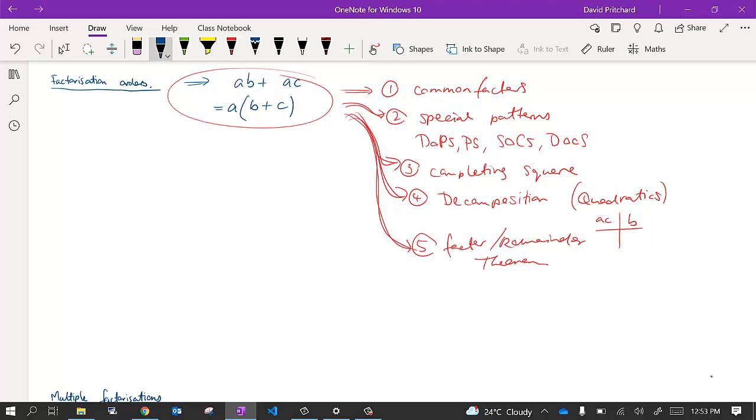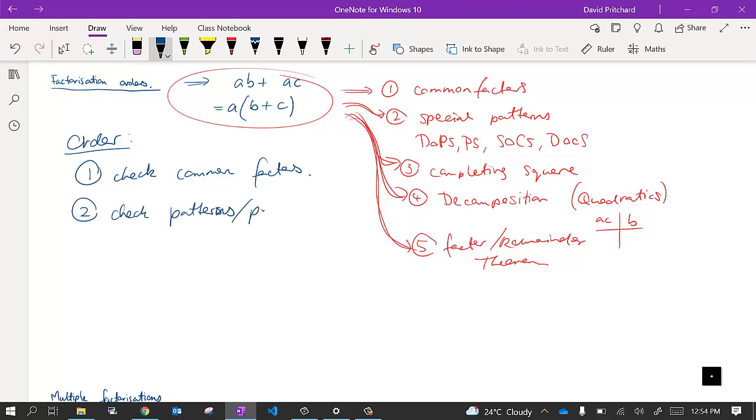Now, what I want to talk about is that when we're looking at factorizations, we want to make sure we consider an order. The first step will always be to check for common factors. So if you can see any common factors, then make sure that you factorize them out. The second thing is that you'll check for patterns, particularly those special patterns that we know. If you can see special patterns, you want to factorize them out as well. The third step is that we can look for decomposition, so that quadratic factorization.